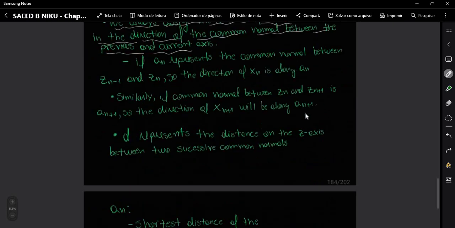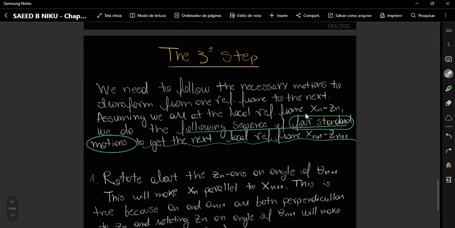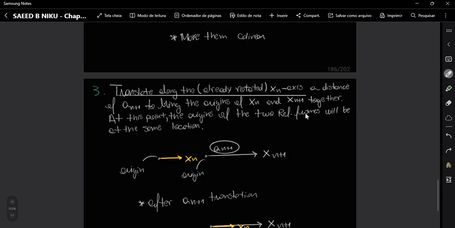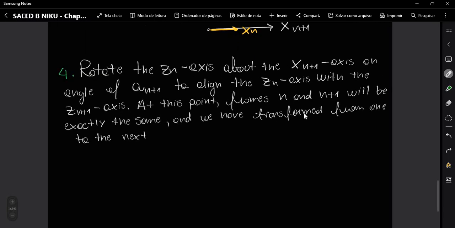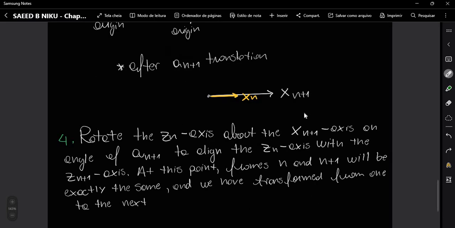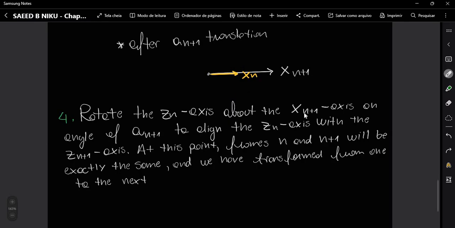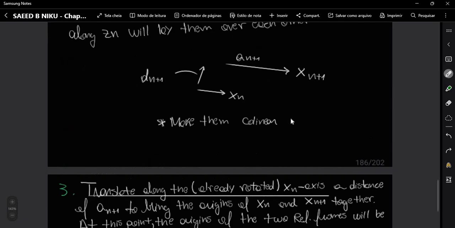Okay, so let's verify this fourth motion that we are describing right here. Rotate the Zn axis about the xn plus 1 an angle of alpha n plus 1. Let's see this.